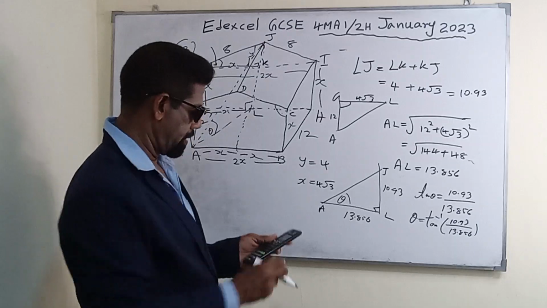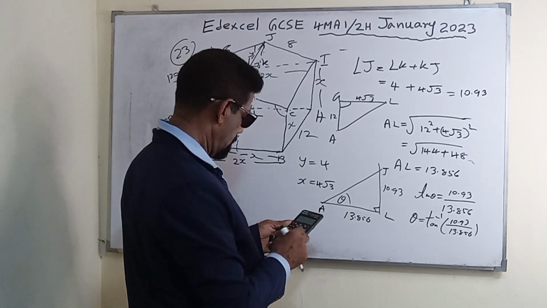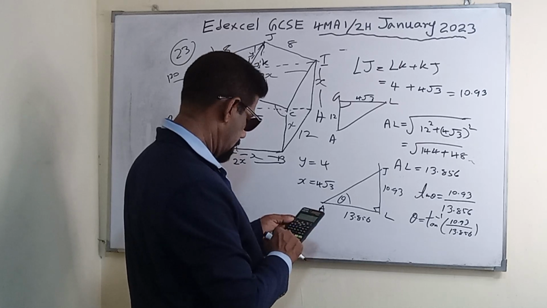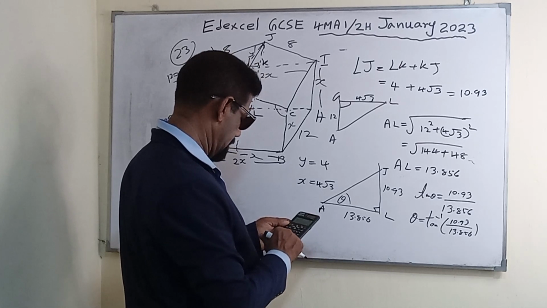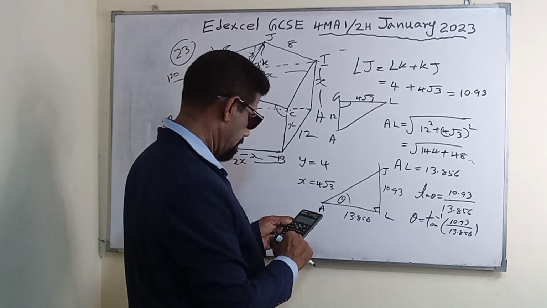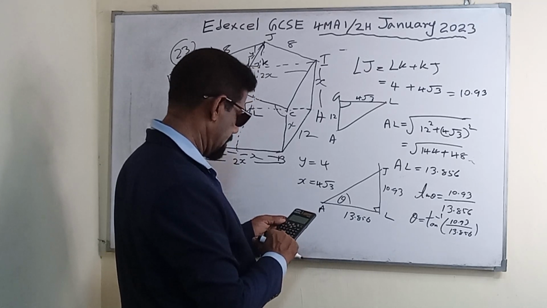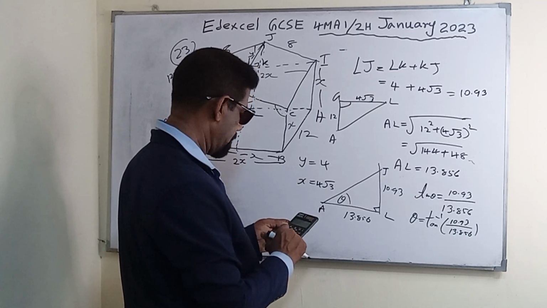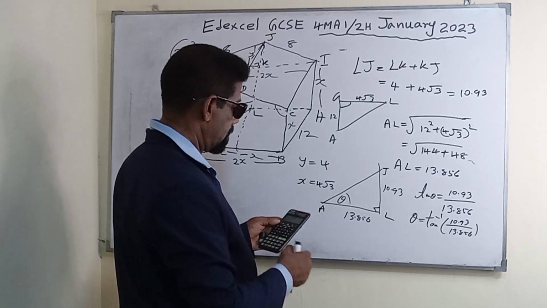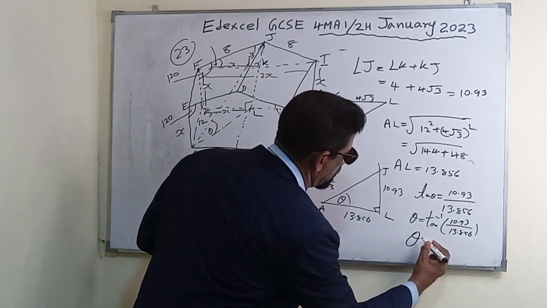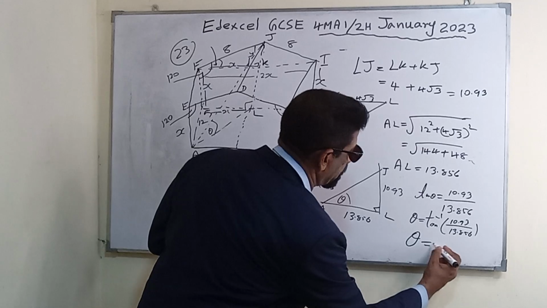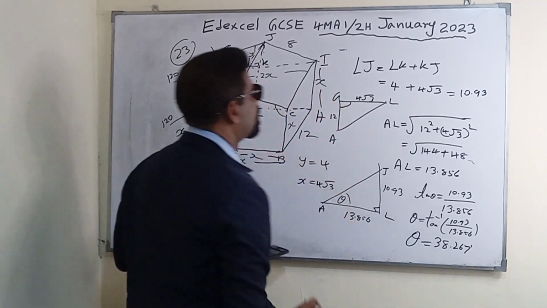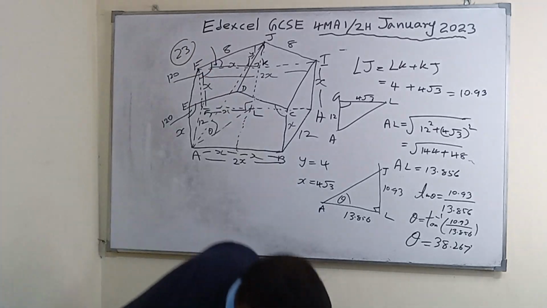Then use the calculator: shift tan, 10.93 divided by 13.856, close brackets. The answer is 38.267.